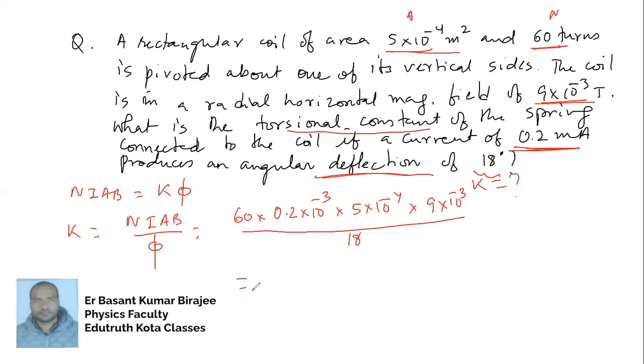And what will be the unit here? See, this upper term is what? Torque. And what is torque? You have studied R cross F, or if you write just the magnitude, then it is RF sin theta.